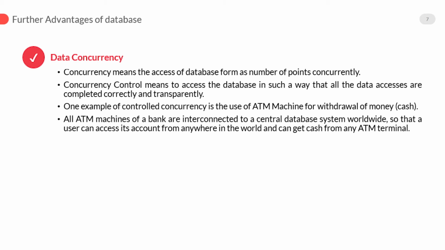All ATM machines of a bank are interconnected to a central database system worldwide so that a user can access their account from anywhere in the world and can get cash from any ATM terminal. All this process is managed concurrently using the database systems and is done in such an efficient manner that no two users face any delay in the processing of their requests.